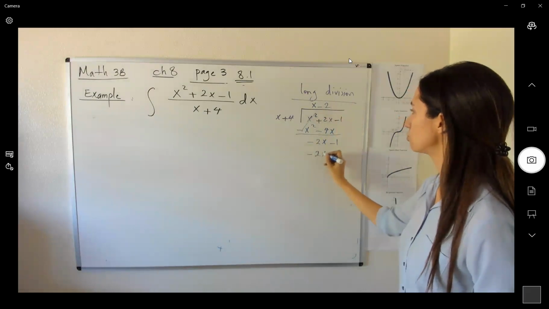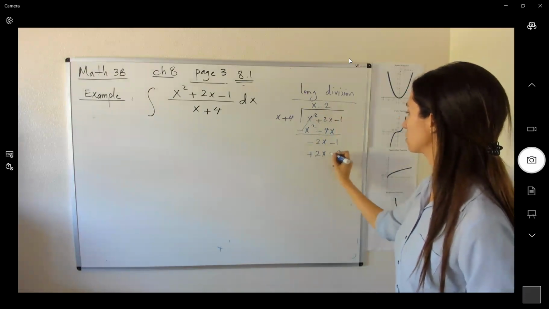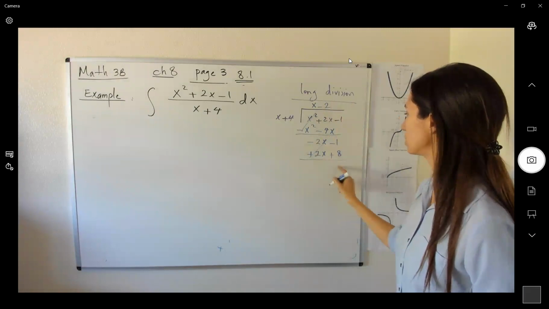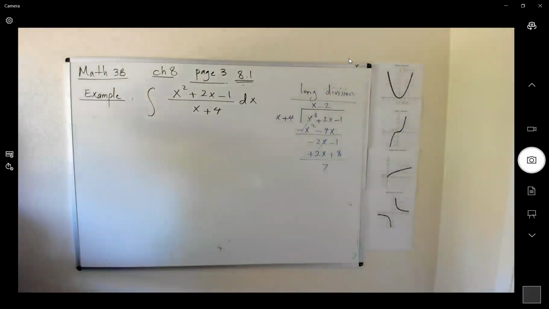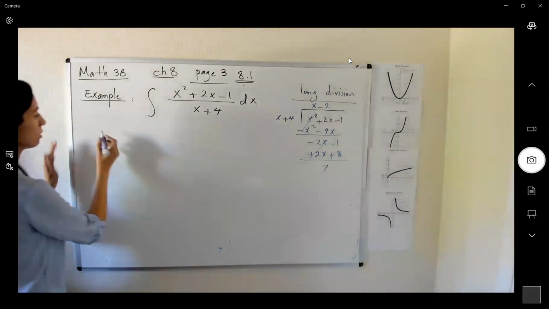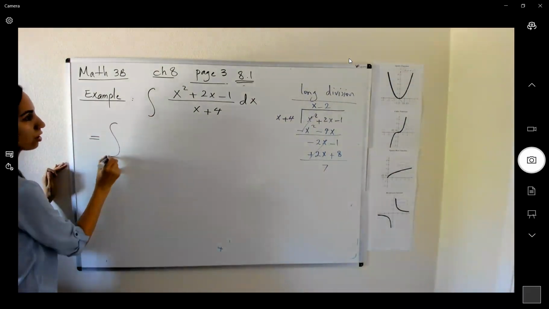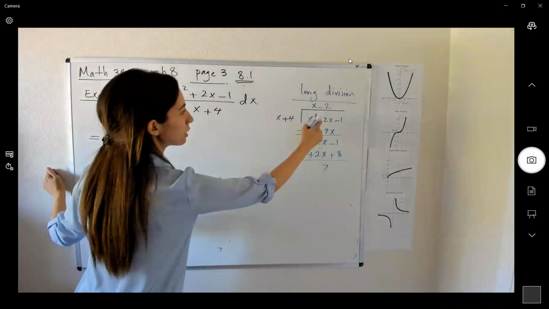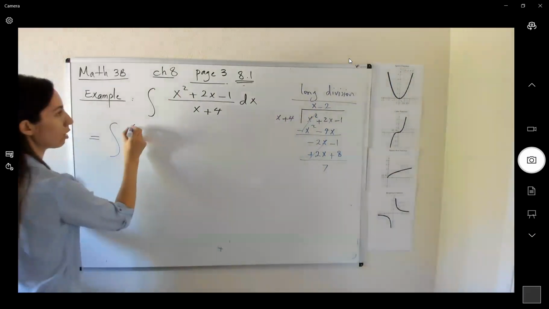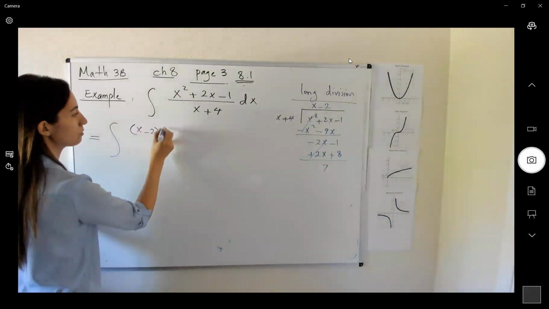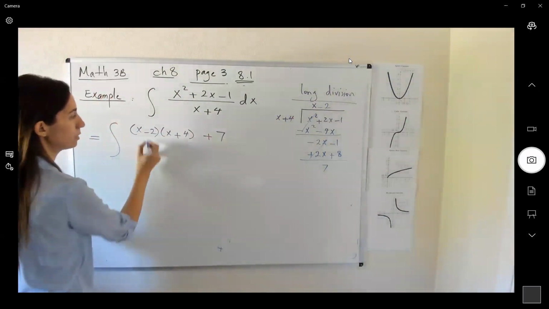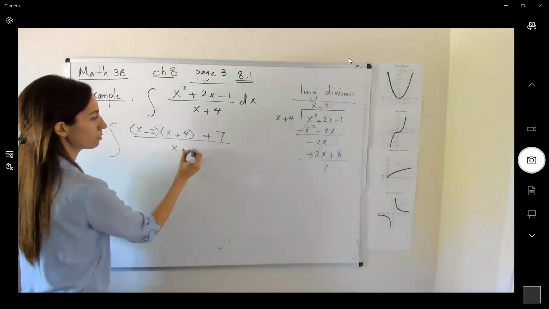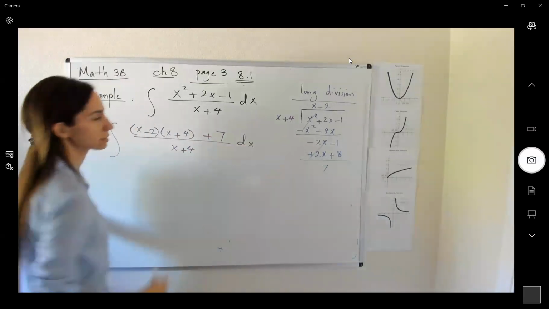You get minus 2x minus 8, subtract them, you cancel out these two, you get 7 as the remainder. So this integral is equal to the integral of, on the numerator, the product of x minus 2, x plus 4, plus 7, divided by x plus 4 dx.